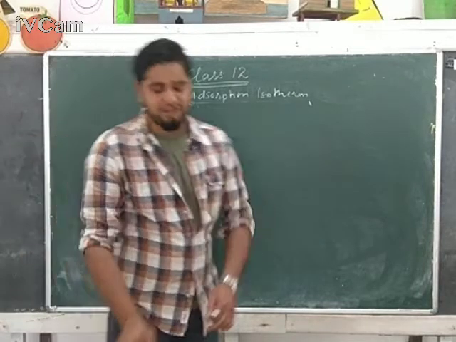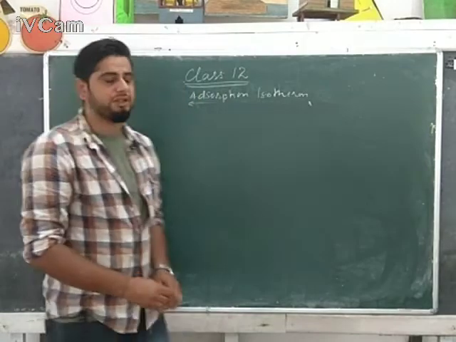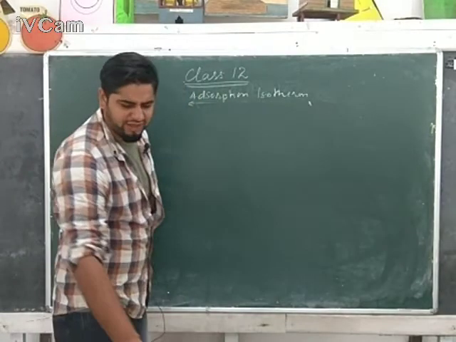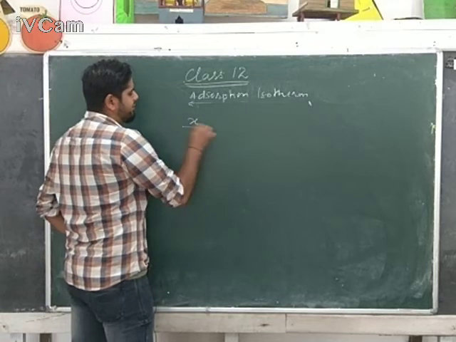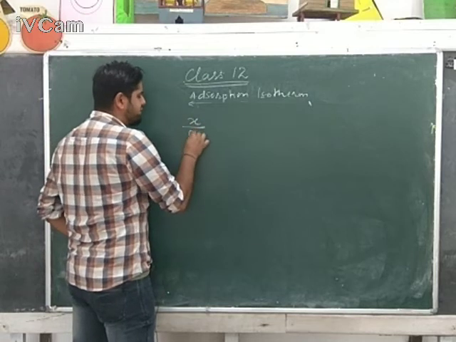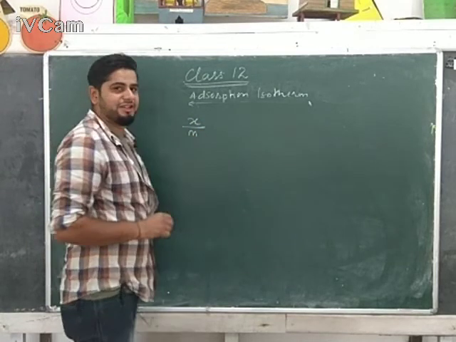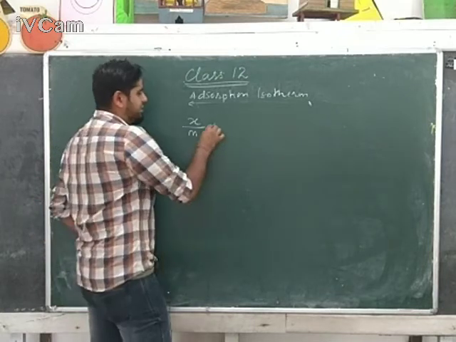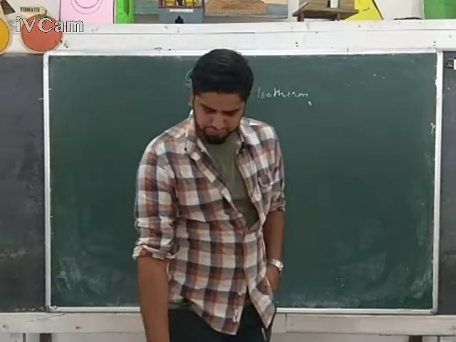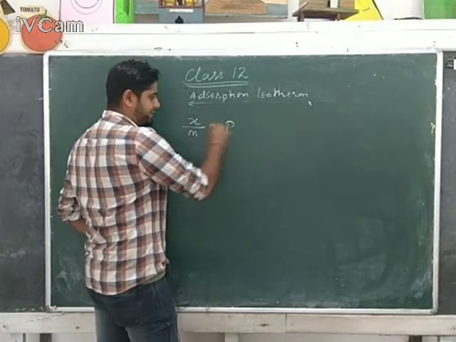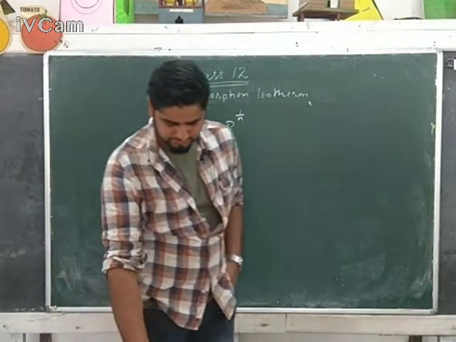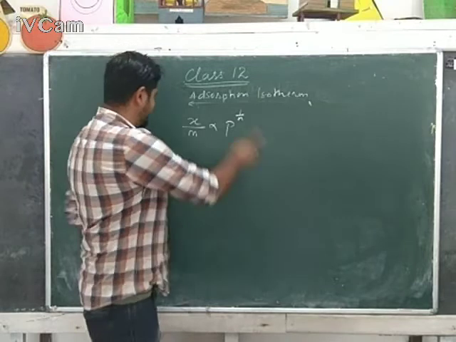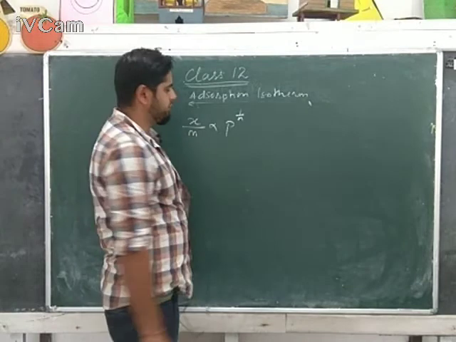Actually, I have already given you the definition of adsorption isotherm. It is a variation of adsorption: the amount of adsorbate adsorbed in a given mass of adsorbent is directly proportional to pressure to the power 1 by n. This is an experimentally verified value.